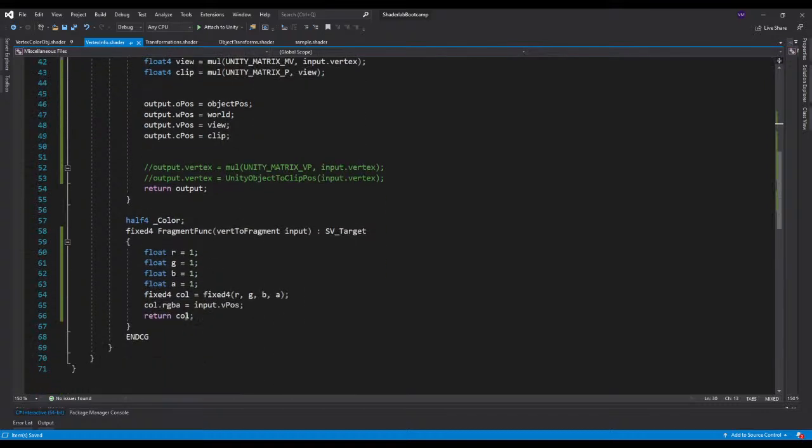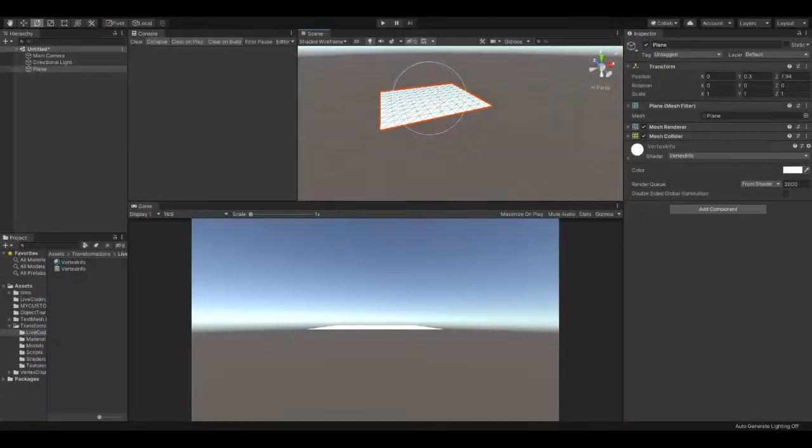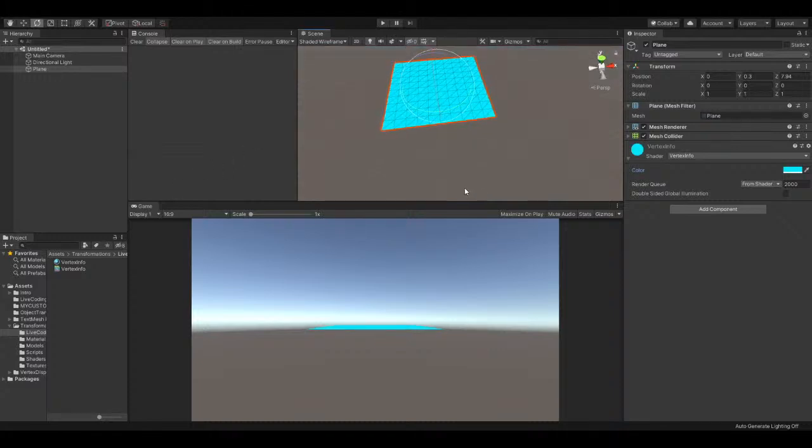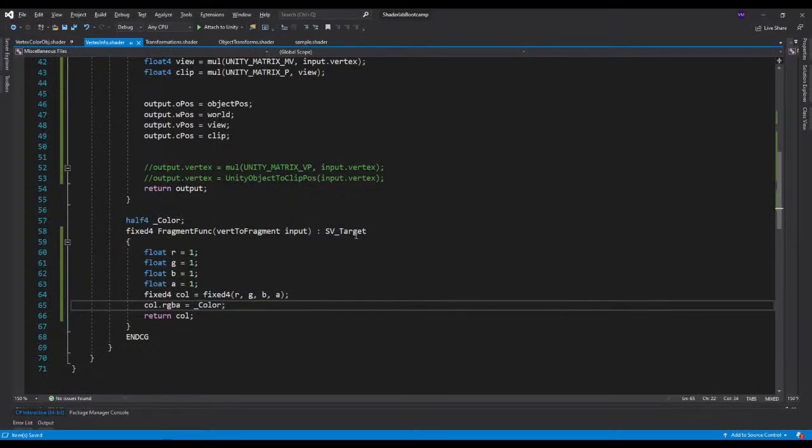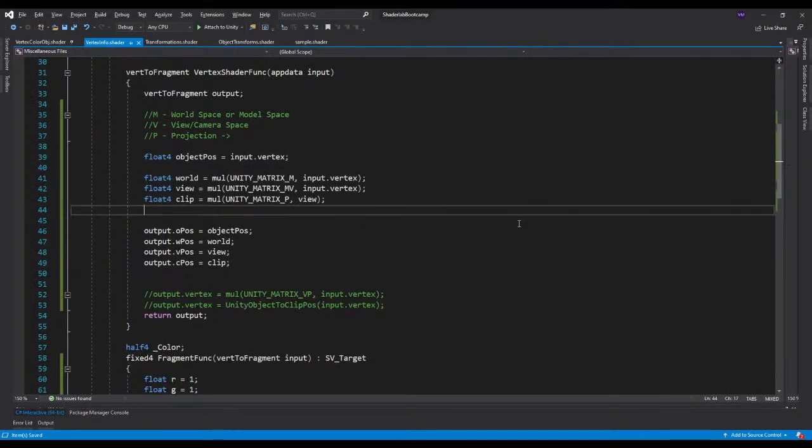So I'm going to say in the fragment shader, we are just going to return a color. Okay, so let's say this color is what we're going to return, and we go to Unity and change this color to blue, cyan, yeah, right. And now look at this, guys. This is the most important thing that we need to understand via coding, and that is quick stuff.